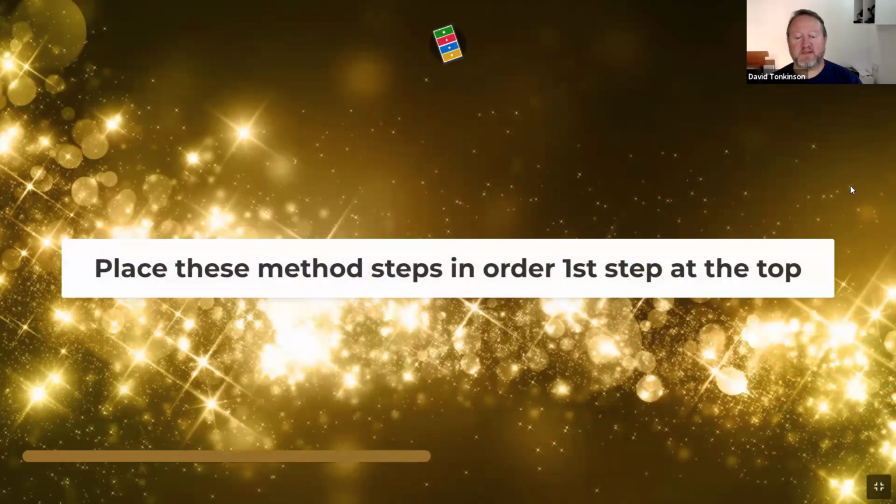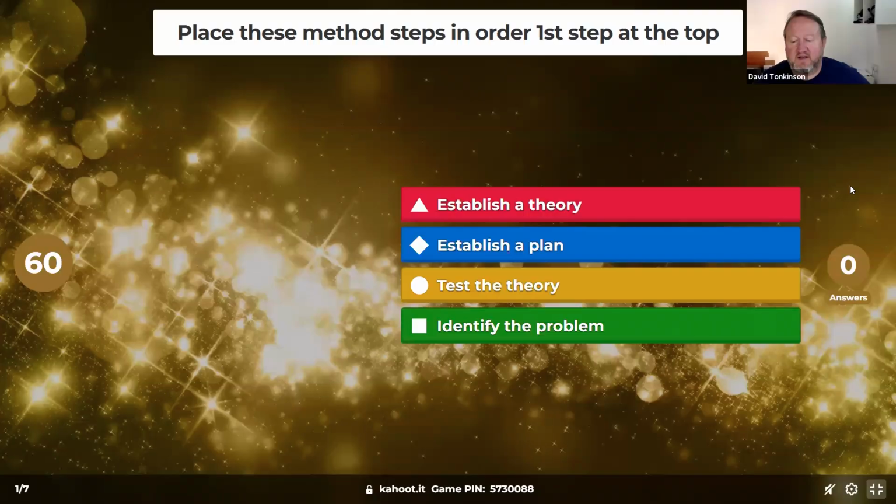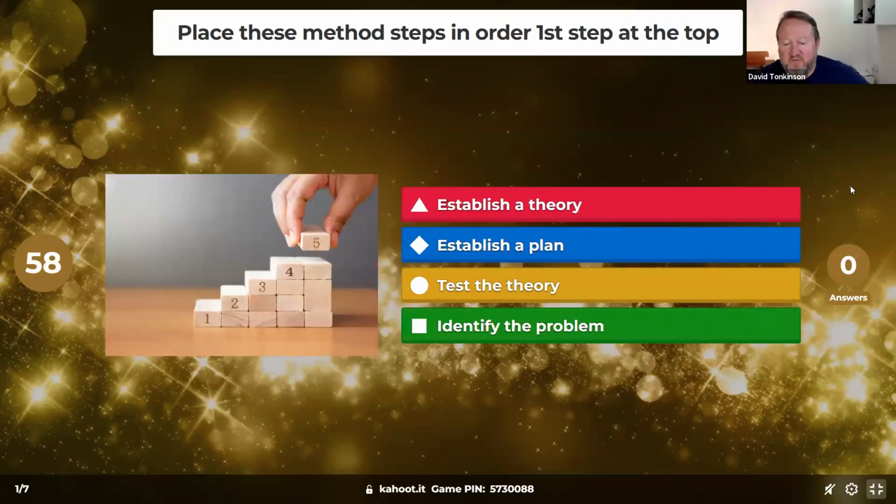The puzzle. Place these method steps in order. First step at the top, and then working down. I'm definitely not giving you the easiest four to put in order, but we should be able to do.